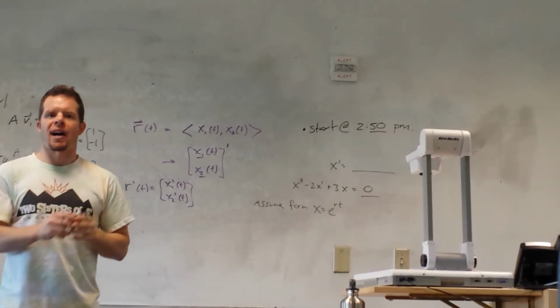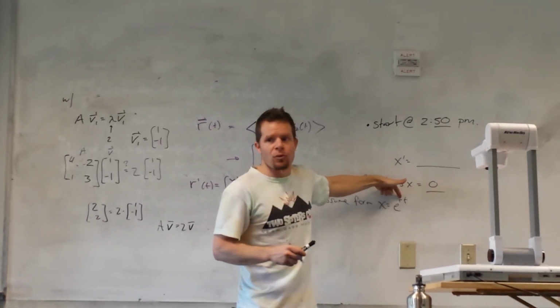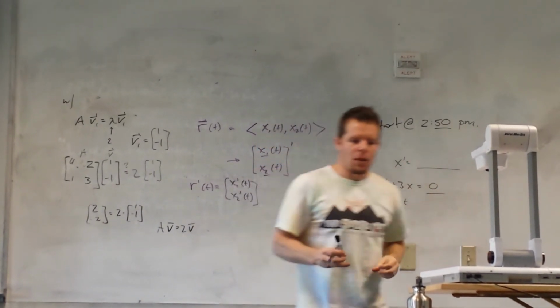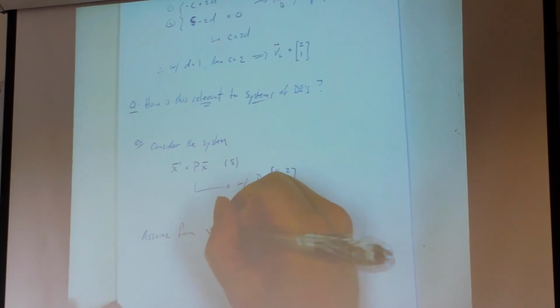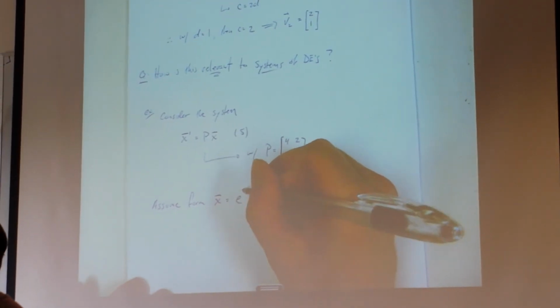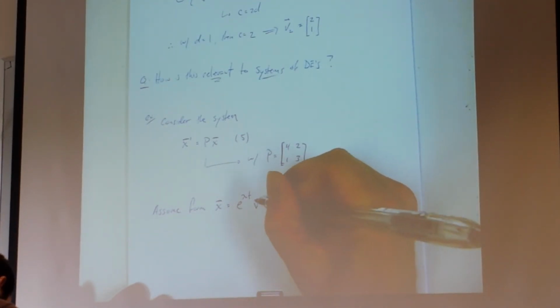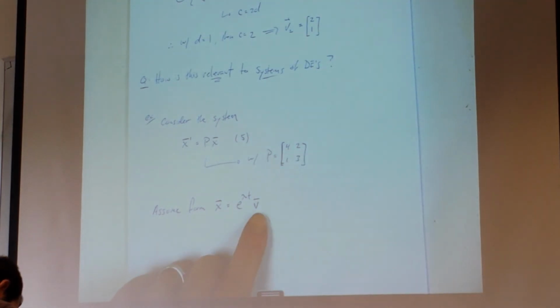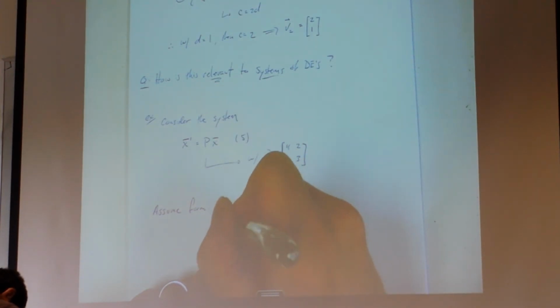The parallel to that in a system is we're going to be hunting for eigenvalues that make that true. So assume the form x bar for the solution as e to the lambda t times some vector v, and that vector v is going to be a vector of constants, because our function x is a vector of functions.